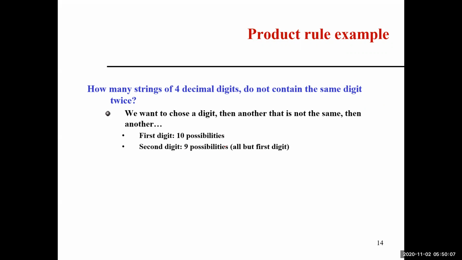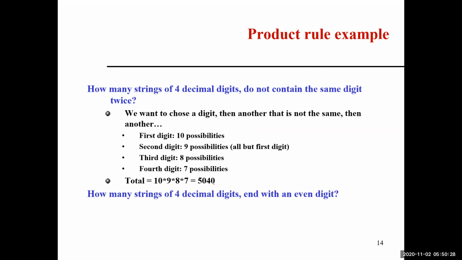For the third, there will be 8 possibilities because the first and second digits are gone, so the remaining digits give 8 possibilities. And for the fourth digit, there are 7 possibilities. If I multiply these, I'll get the total number of strings of 4 decimal digits that do not contain the same digit twice.